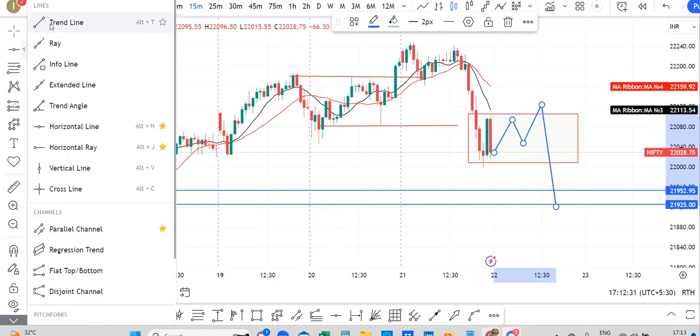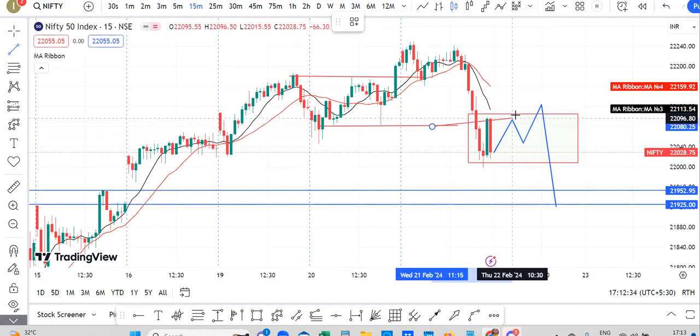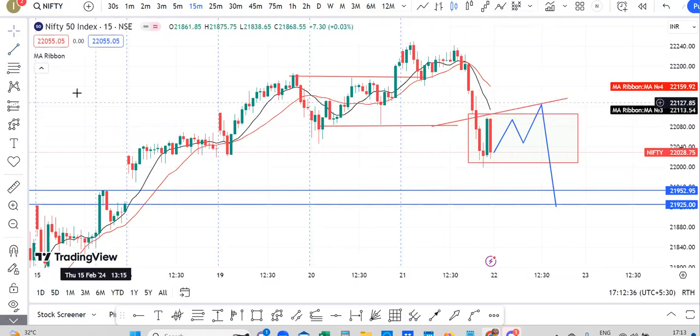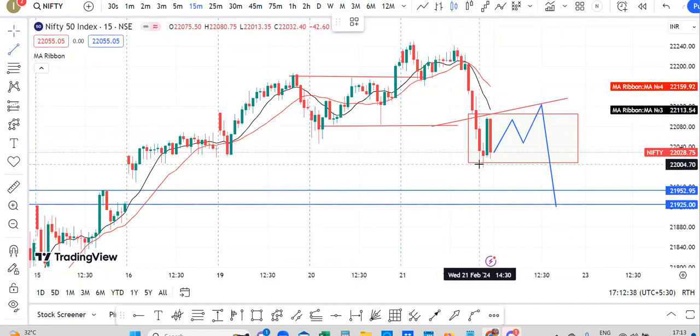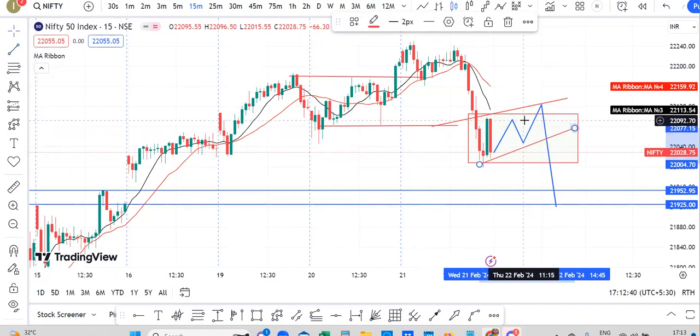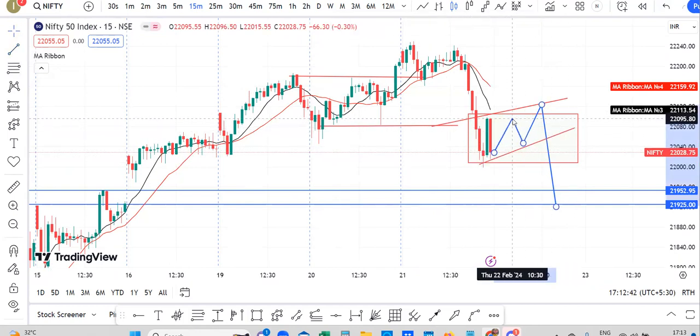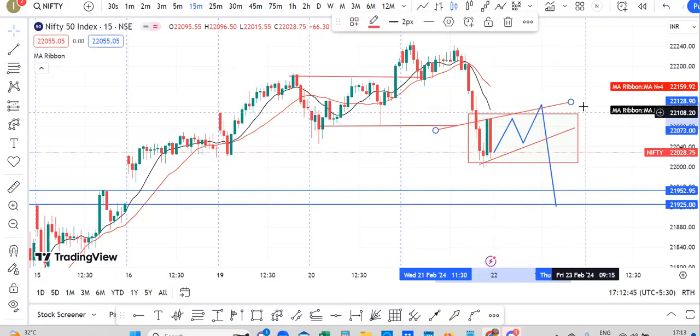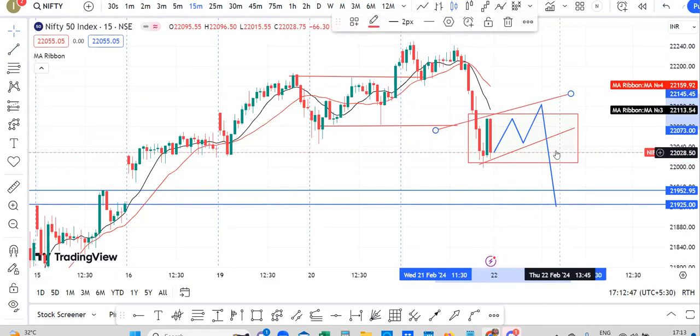Then you can also apply the trend line, a simple way of trading. Trend line and join the highs, because when it is going up, join the highs and then wait for the wedge formation or break. Probably after a huge sell-off, there will be some sort of consolidation before the sell-off.